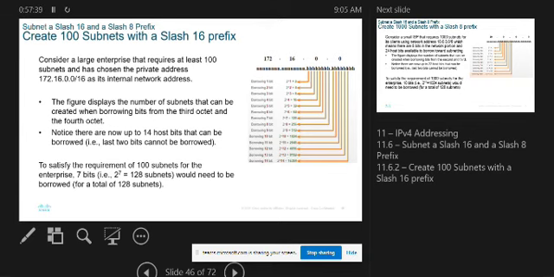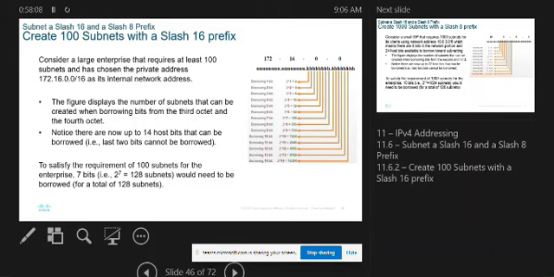Could you borrow one more? Does it still meet the requirement? Yes. So the question, they said create 100 subnets. In this situation, in my mind, well, there's more than one answer to this question. So as long as I borrow at least 7 bits, I've created 100 subnets. Did they define how many hosts that we need? Did they say it in here? Yeah, keep room for expansion. Right. So they didn't define.